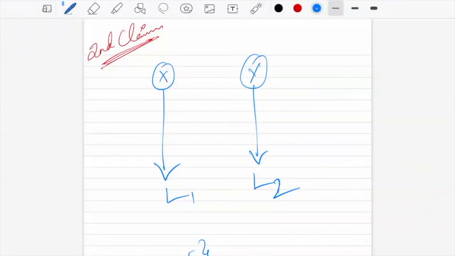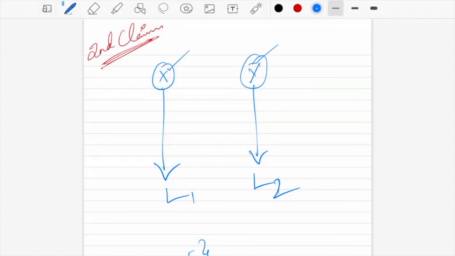Okay, so now we are done with proving the first claim. So coming to the second claim, we have to prove that two instances, for example, instance X and instance Y, are reaching different leaf nodes in different paths.